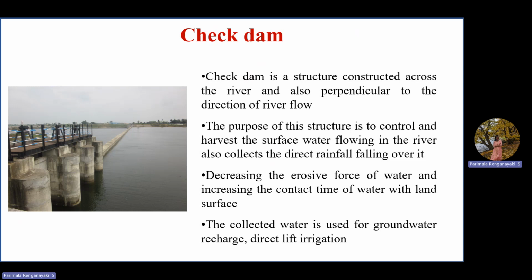But when you have a small recharge structure like a check dam constructed across the river, like the structure you are seeing, whose height is only 3 meters, the water can be stored. Only part of the runoff will be retained and harvested, and this may help to increase the groundwater recharge in that area.